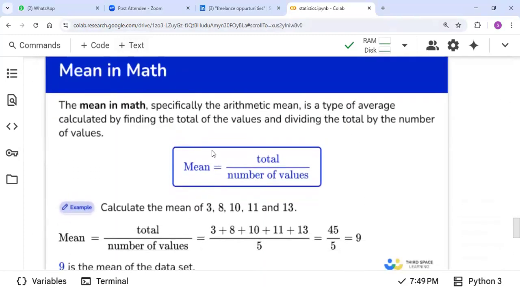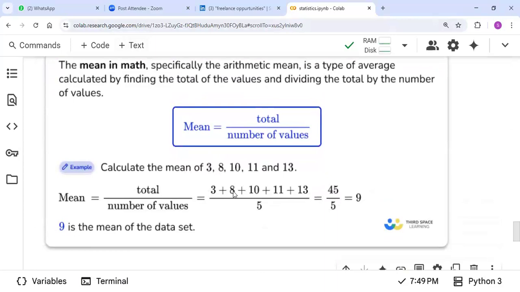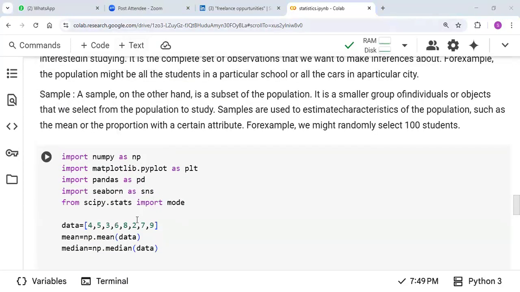Mean can be identified by calculating the total of the values divided by the total number of values. That is going to give you the general average of your data. So according to this data, what is the mean?